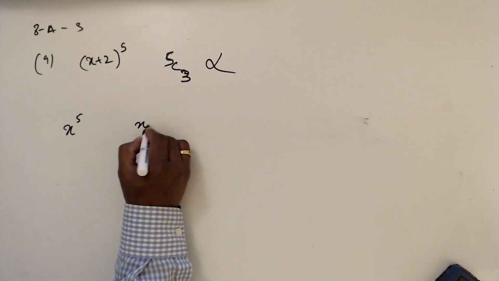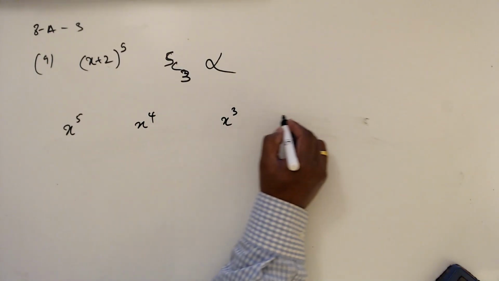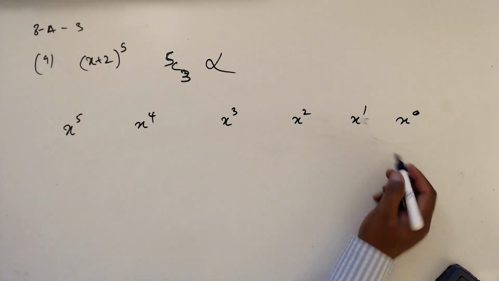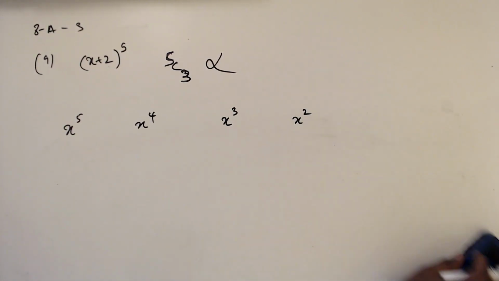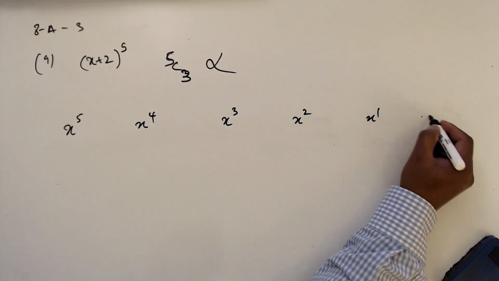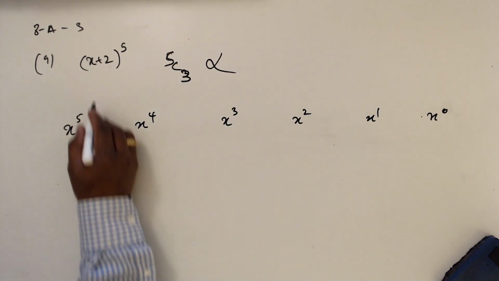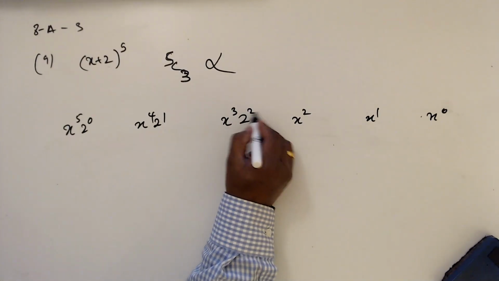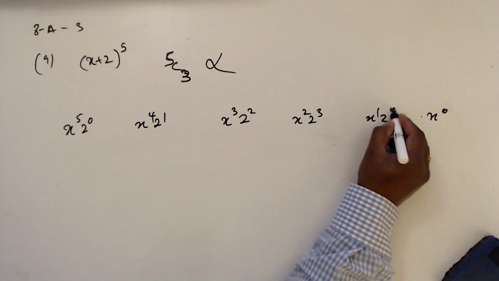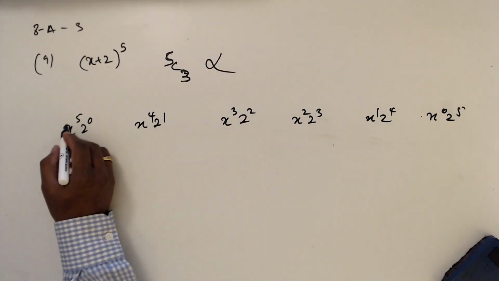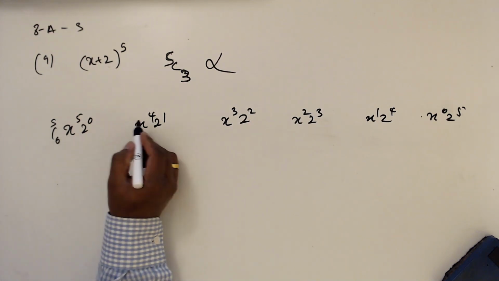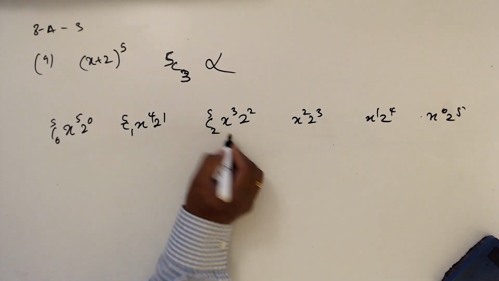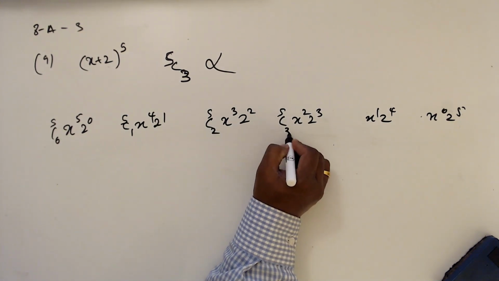x^5, x^4, x^3, x^2, x^1, x^0. Now this is going to be 2^0, and so on. So this is descending, this is ascending, you know that. And this is 5C0, 5C1, 5C2, 5C3.